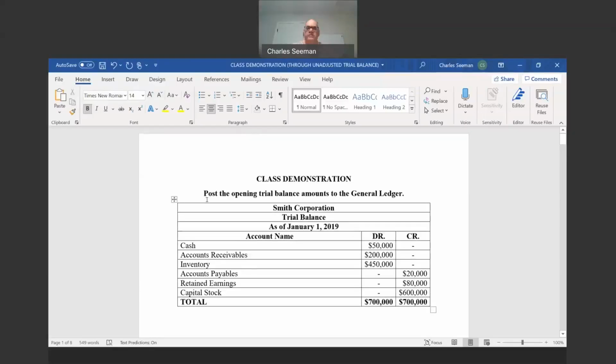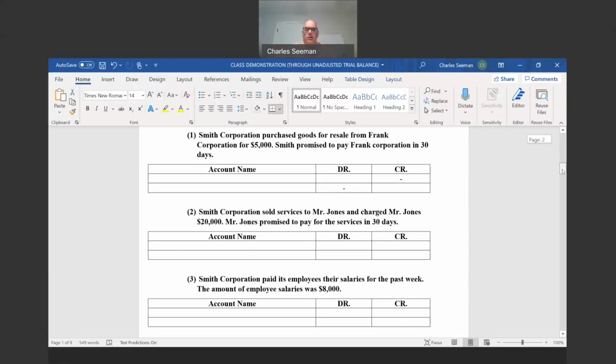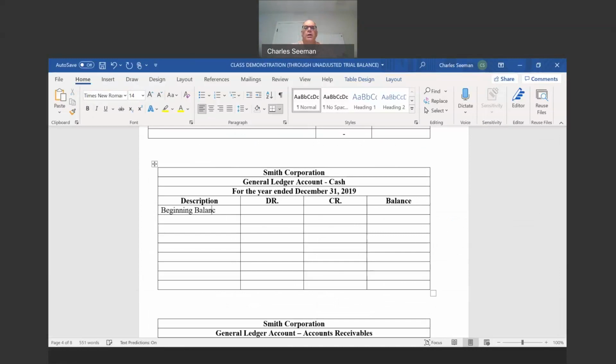We have an opening trial balance, meaning these are the opening balances as of January 1st. So these are the beginning balances of the company. The first account that we're going to post is cash. Go to the cash account and put $50,000.